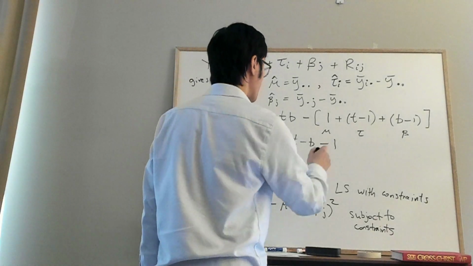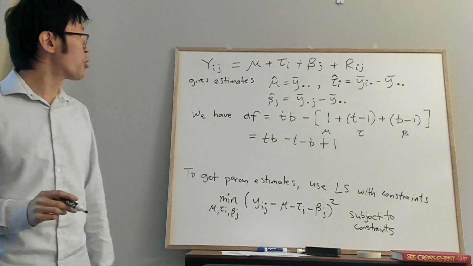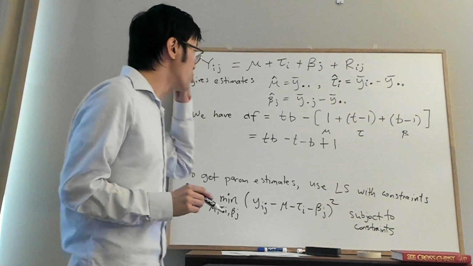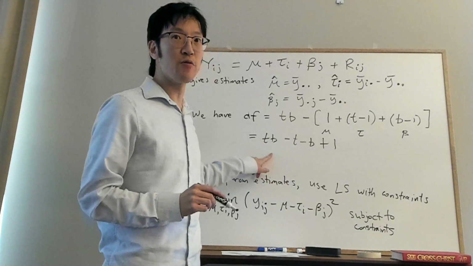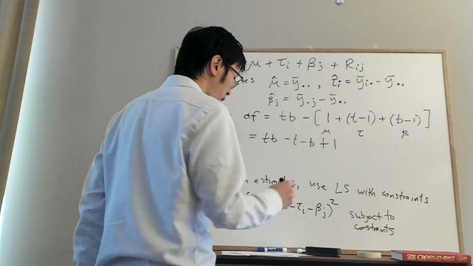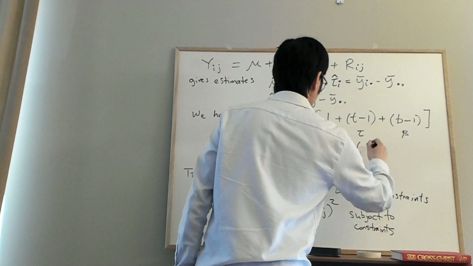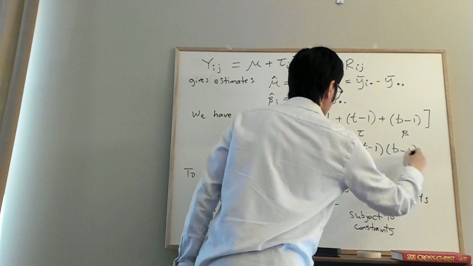Sorry, plus 1, excuse me, because we have a minus outside. So that's what it simplifies to. And this is something that actually factors out very nicely. TB minus T minus B plus 1 factors very cleanly into T minus 1 times B minus 1.